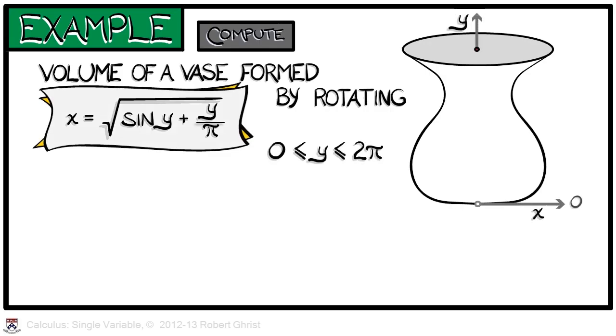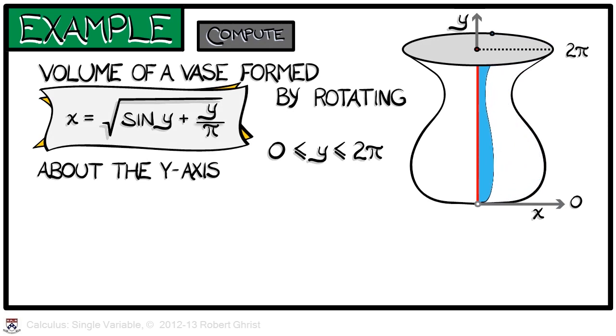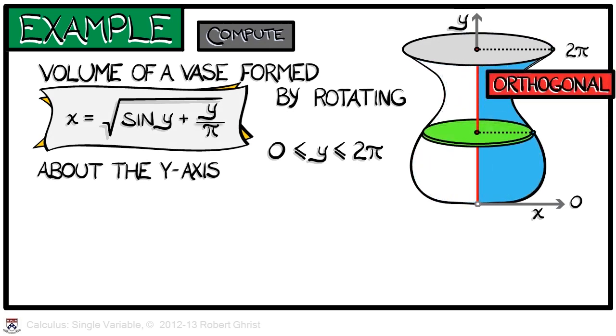Compute the volume of a vase formed by rotating the curve x equals square root of sine y plus y over pi about the y-axis, as y goes from 0 to 2 pi. Using an orthogonal slice yields disks as the volume element, disks of radius x. Thus, the volume element is pi x squared dy.